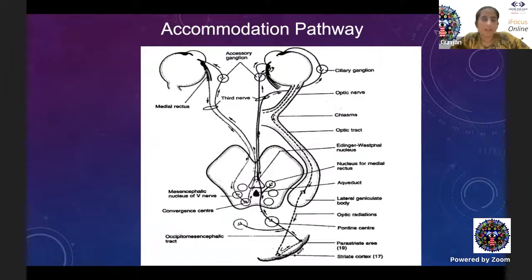When do we accommodate? The stimulus for triggering the accommodation pathway is the blurring of the retinal image, following which the stimulus is carried through the optic pathway into the occipital cortex, striate cortex 17, and there are projections into the parastriate cortex, area 19 also, following which the efferent responses are generated and travel through the midbrain, through the ciliary ganglion, and then further supply the ciliary muscles.